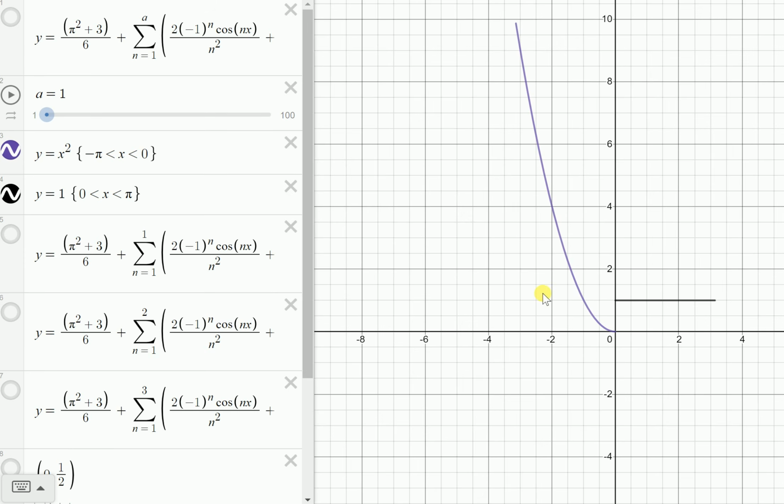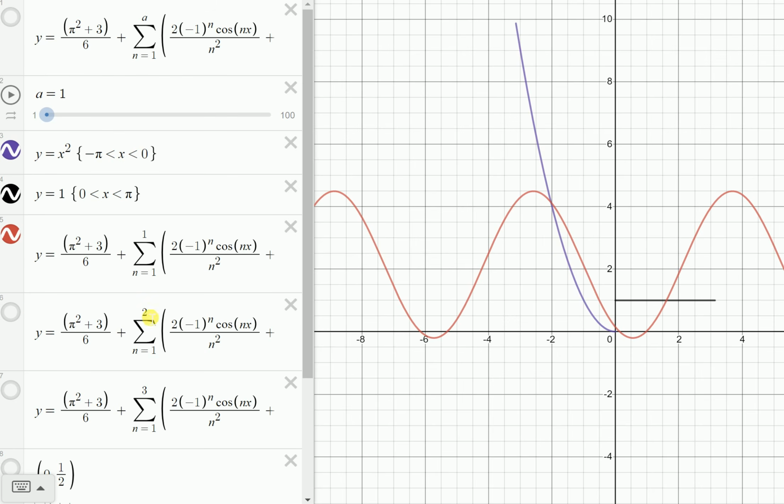What I want to do first is look at what the Fourier series would be if, instead of having an infinite sum, the upper limit was 1. If we select that graph, we get this sinusoidal graph here, and it's not really a great approximation of our piecewise function, but that's what it is nonetheless.